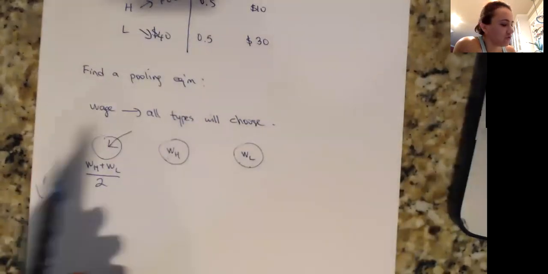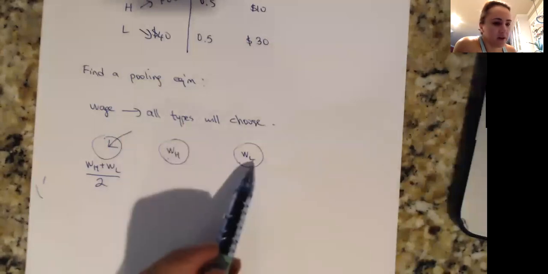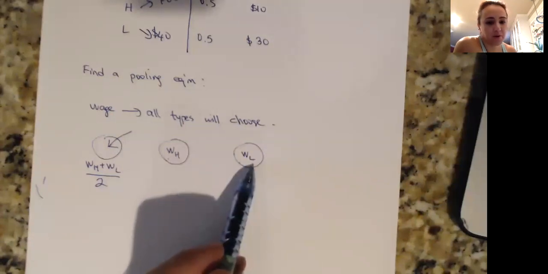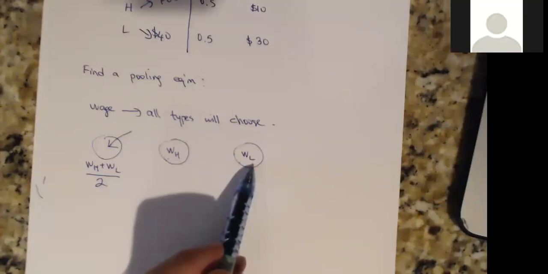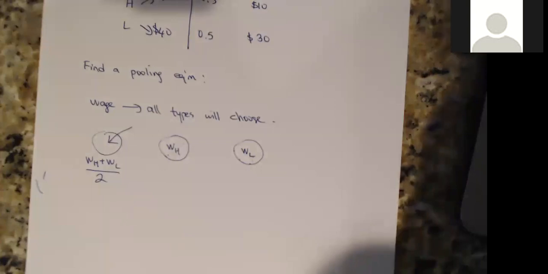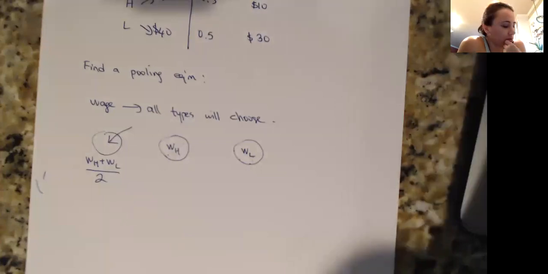So instead of paying WH to, I don't know, 10 people and WL to 10 people, the company is offering the average to 20 people. So, for example, if 70% were L and 30% were H, would you still offer the average?